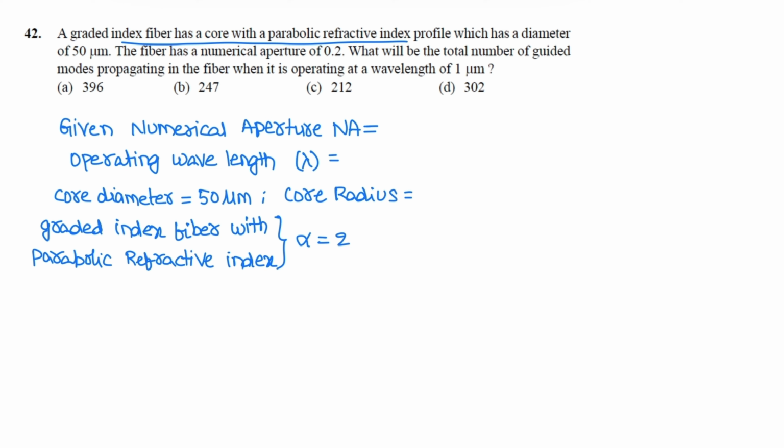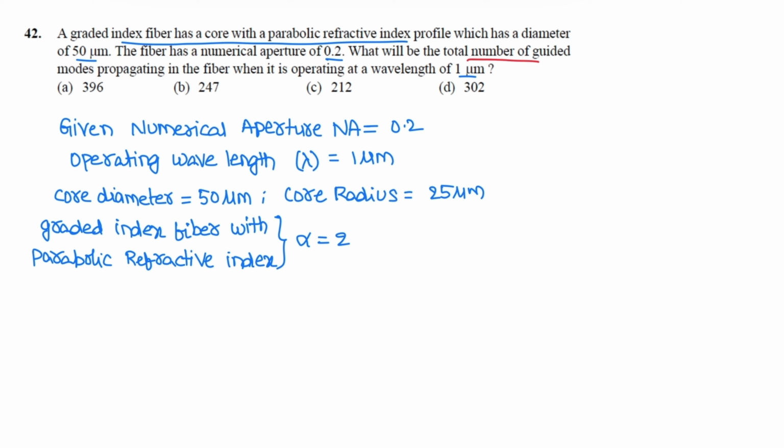Numerical aperture in the question has been given as 0.2, the core diameter is 50 micrometer, core radius is 25 micrometer, operating wavelength of 1 micrometer. So operating wavelength, core diameter, numerical aperture and parabolic refractive index profile, that is alpha equal to 2, are given. In the question, he asked to calculate the total number of guided modes.